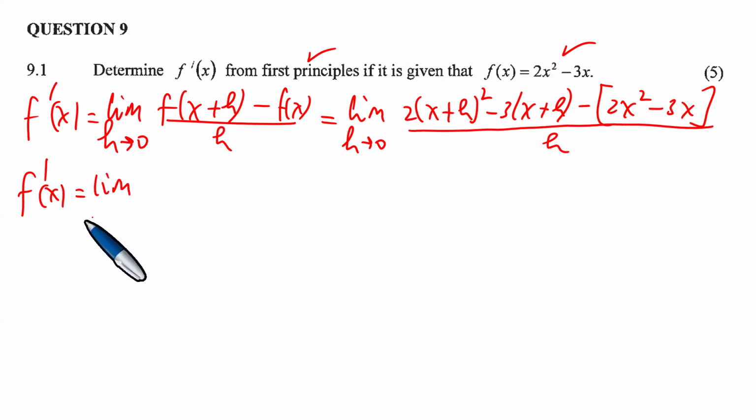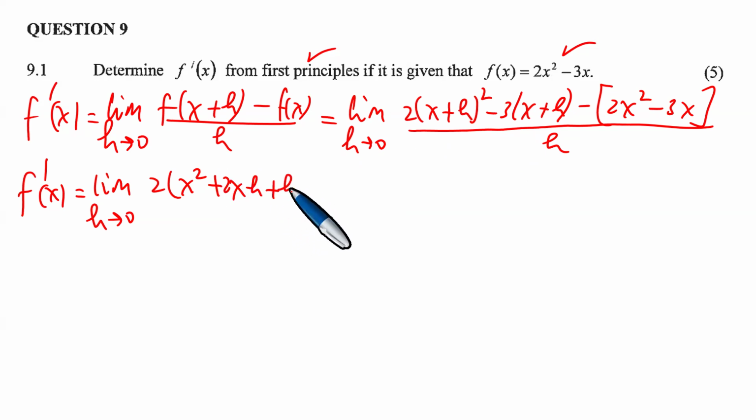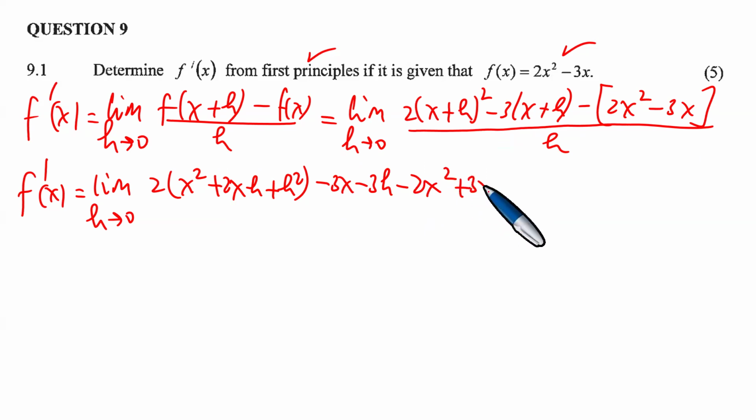So with f prime, the limit as h tends to 0, 2 open bracket. If you square this one here, it becomes x squared. So we write down x squared. Next, we write down x times h, which is xh, times 2, which is 2xh, plus h squared, minus 3x minus 3h. And then we have here minus 2x squared plus 3x all over h, like so.